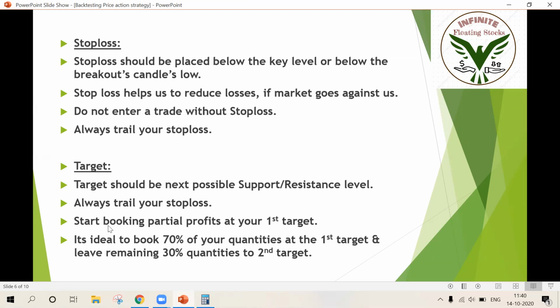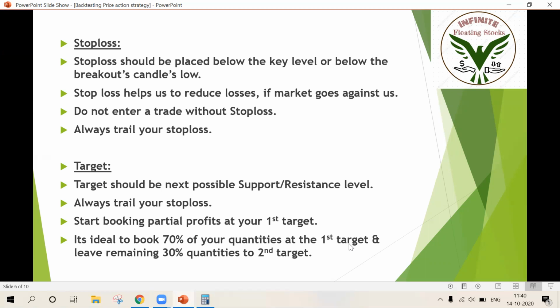This is very important. And start booking partial profits at your first target. You already know what the first target and second target are. The first target should be the nearest support and resistance level, and the second target should be the next support and resistance level. It's ideal to book 70% of your quantity at the first target.